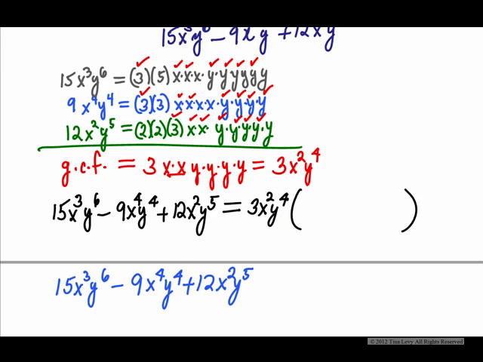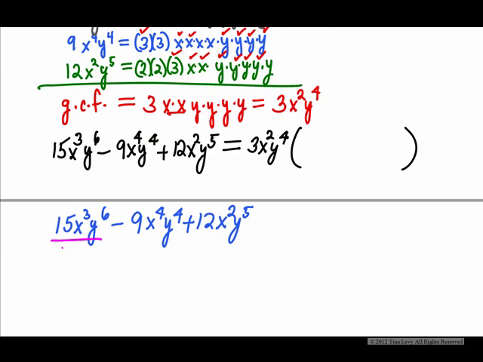Working this, I see that the first one I have 3x squared y to the 4th. You can see 3 will cancel, gives me a 5. X squared, we get rid of 2 of the x's, just leaves 1x. Y to the 4th with y to the 6th just leaves 2, so it's a y squared. So I am left up here with 5xy squared.